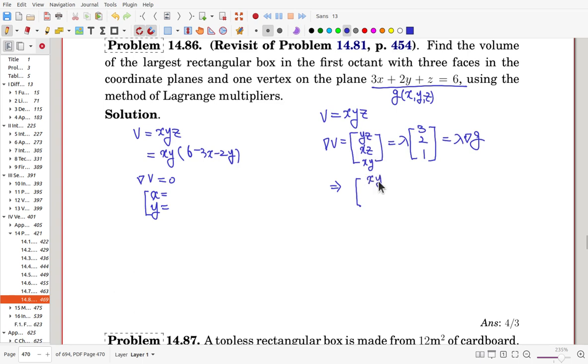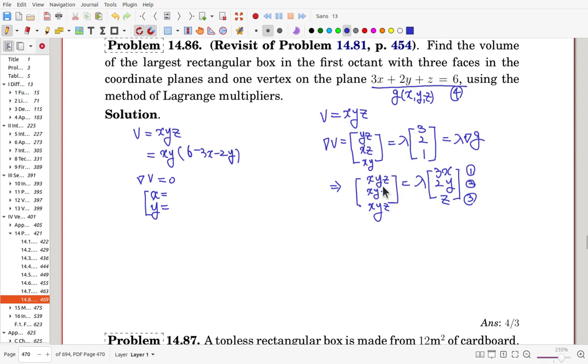We multiply by x, then there is xyz equals lambda times 3x. For the second one we multiply by y, then again there is xyz and lambda times 2y. And for the last one, we multiply by z, and that is xyz equals lambda z. So we have the first equation, second equation, third equation, and that is the final fourth equation.